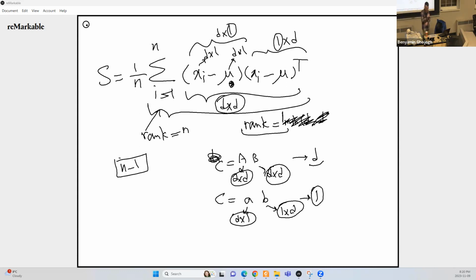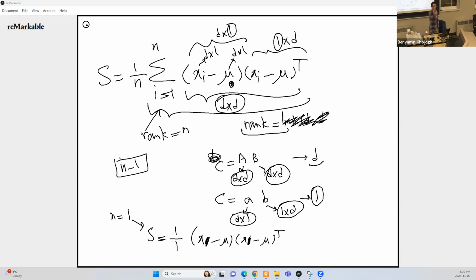For you to understand, consider an extreme case where n is 1. What does S become? I have only 1 point, so it's (x minus mu)(x minus mu) transpose. When I have only 1 point, the mean becomes x itself.